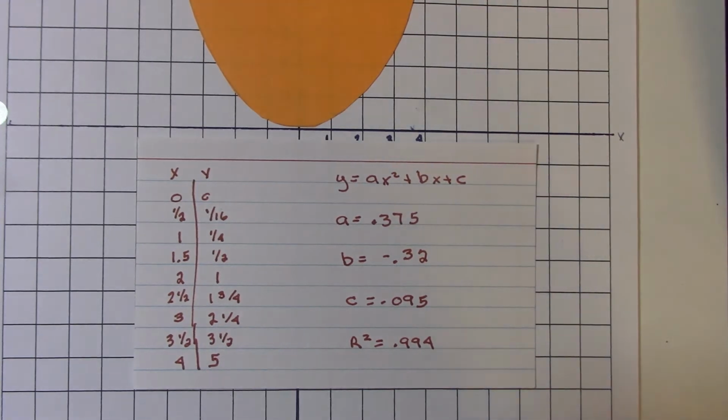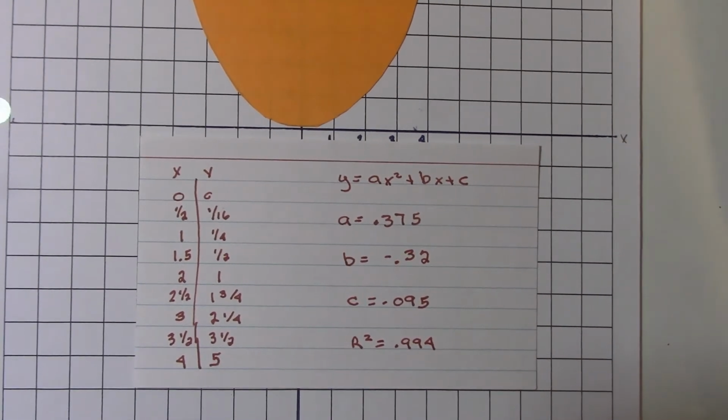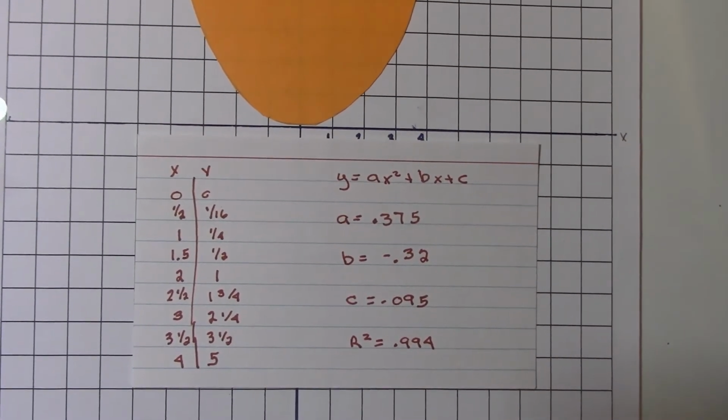My points are lined up in the pattern of a quadratic, and I also see that my value for C, which is where it crosses the y-axis when it's calculated, is not quite at 0, 0, but it's close. Okay, I'm going to do this for the rest of the cups, and see what I come up with for my data points and for my lines of best fit, my quadratic regression lines.